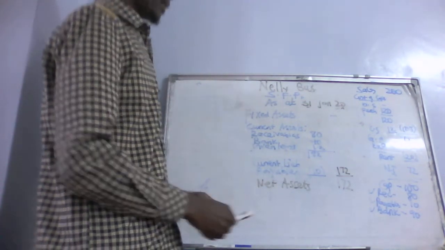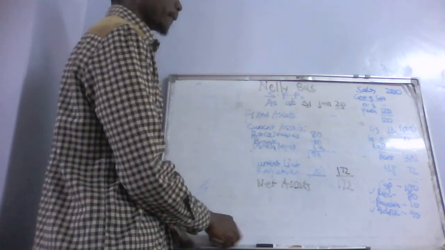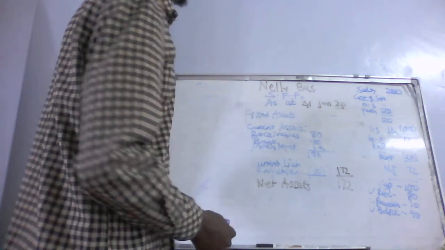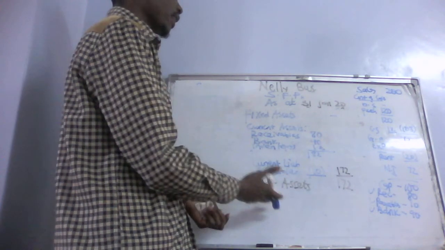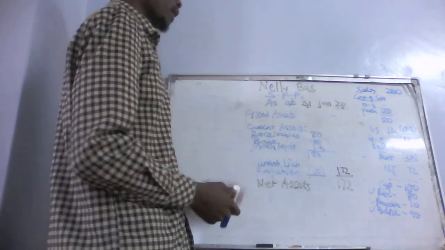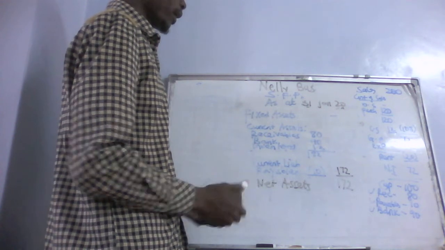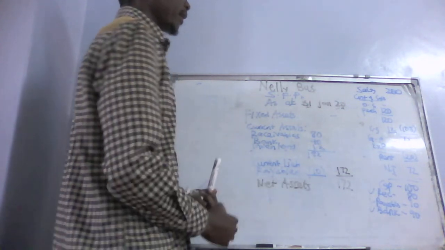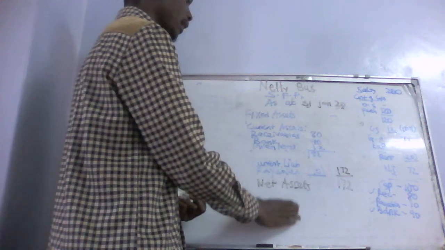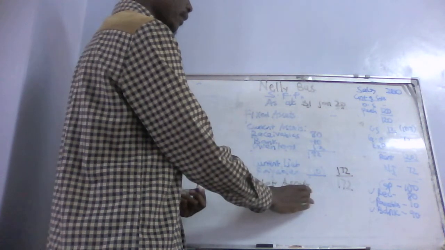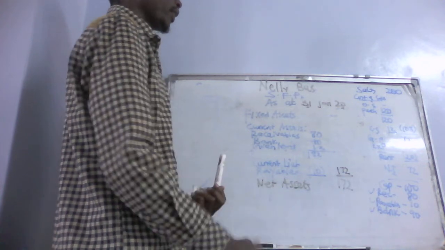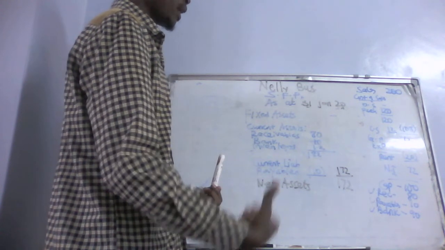Now we go to the other side of the equation, which is what the things that fund this. Sometimes you will get the word funded by, then the list long-term liabilities and equity, because these net assets are funded by, you know, the capital and the long-term liabilities.